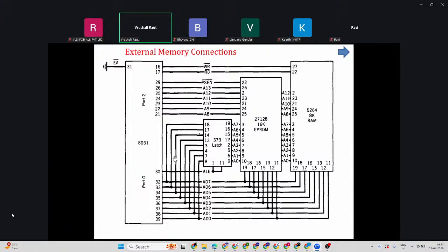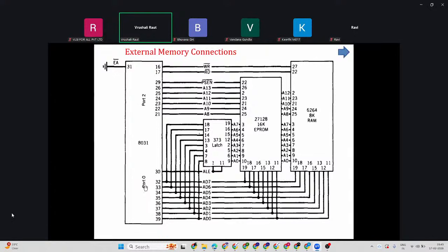So once those address bits go out, they will be latched here, and through this latch they continuously go, and at the same time the program comes to my 8031. Did you understand how we are fetching the program? We need all the bits of address, so we send that address and fetch the program from here.